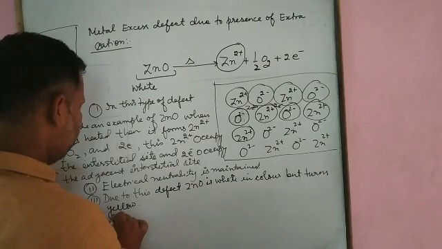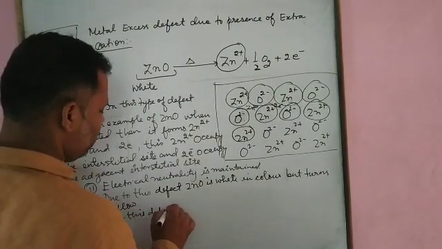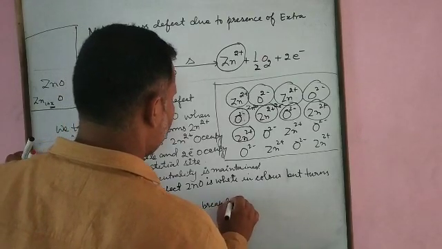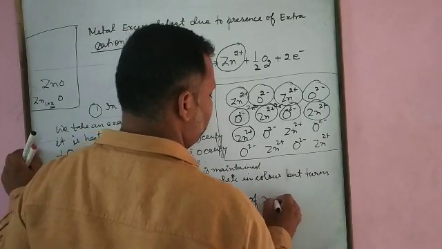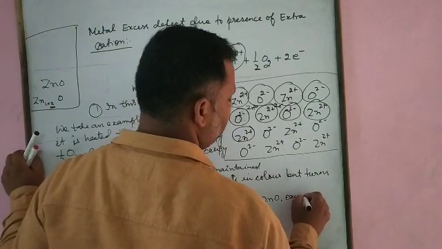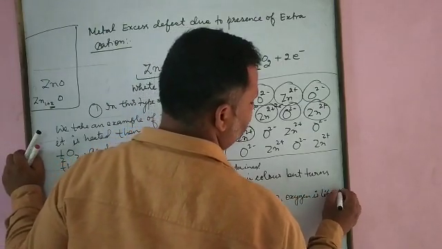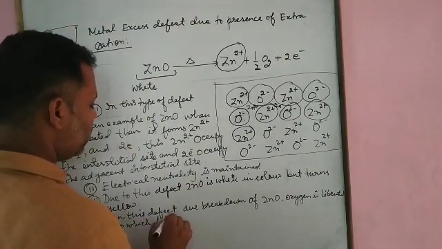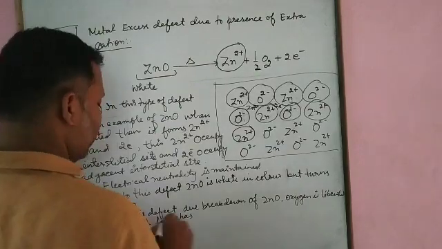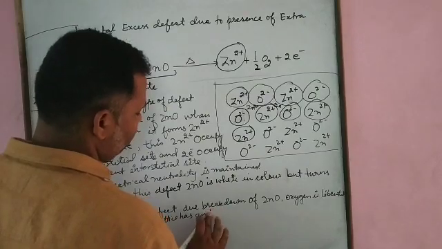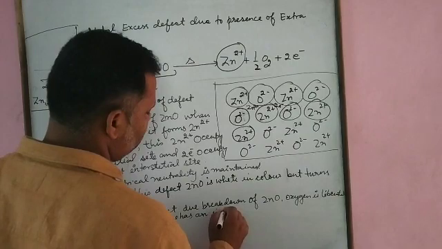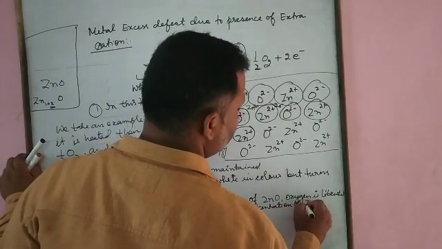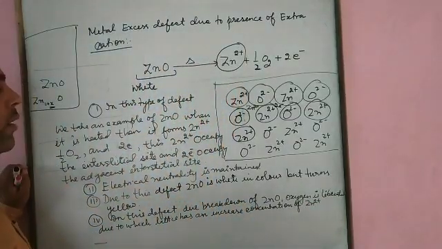That means in this defect, due to breakdown of zinc oxide, oxygen is liberated, due to which the lattice has an increased concentration of Zn2+, meaning metal cation.